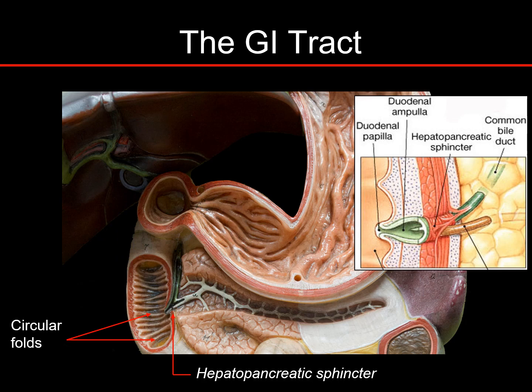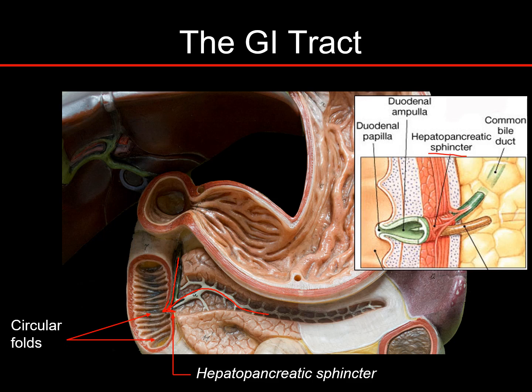So if we take a closer look at another model, this is a better picture for that hepatopancreatic ampulla or sphincter. The sphincter comes before the ampulla, but don't worry too much about that. Just know that here's the pancreatic duct coming in, and then here's the bile duct coming in as well, and they join here at that hepatopancreatic sphincter or ampulla.